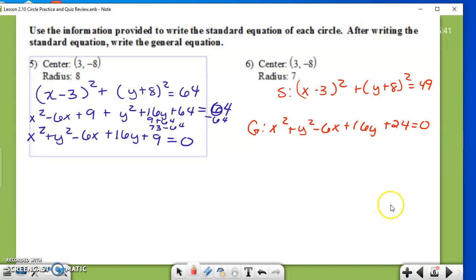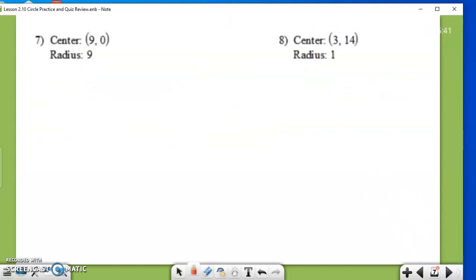Okay, again, if you have any questions to that, work backwards. This one's a little more interesting because I have a y value that equals 0.